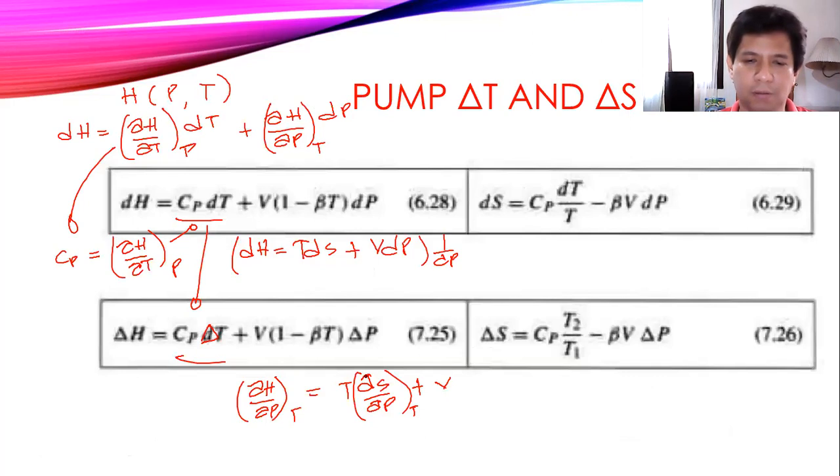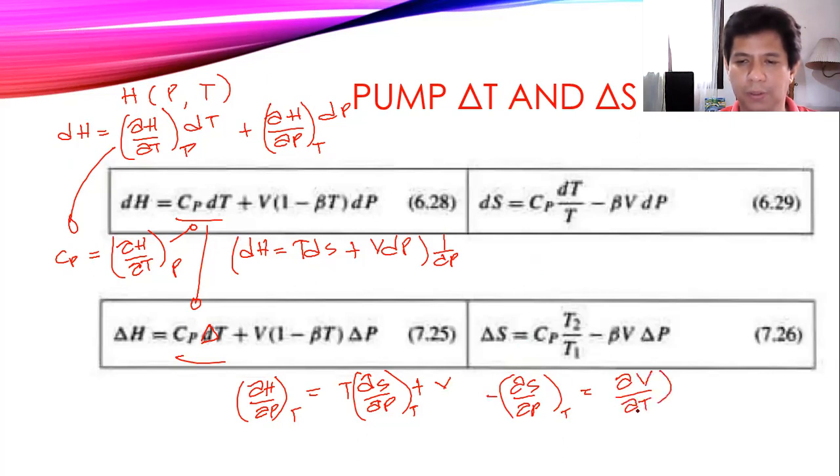So, balikan natin yung equation. So sabi ng Maxwell equation, partial derivative of S with respect to P at constant T is equal to negative of this, which is equal to partial derivative of V with respect to temperature at constant P. Okay, so we just substitute this.